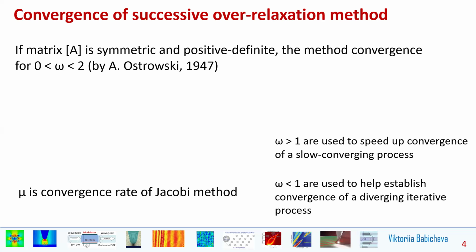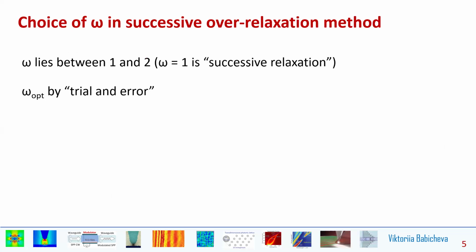When we have omega equal to or larger than 1, then we can use it to speed up the convergence of a slowly convergent process. And at the same time, values of omega less than 1 are often used to help establish the convergence of a divergent iterative process.